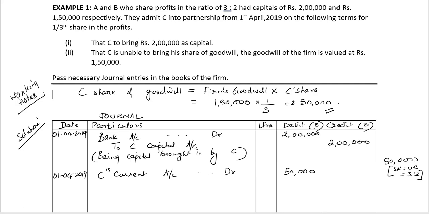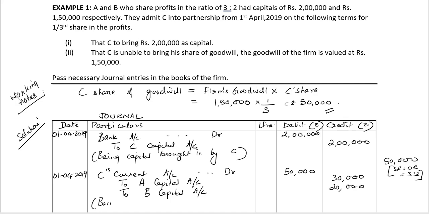So C's current account has been debited with 50,000, which is his share of goodwill, to A's capital account. We are assuming the fluctuating capital method, to B's capital account. Against A we will write 30,000 and against B we will write 20,000.